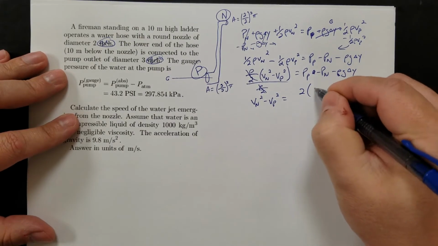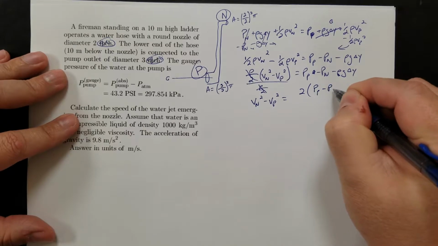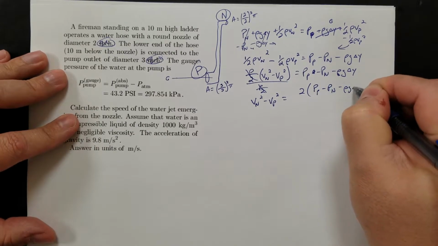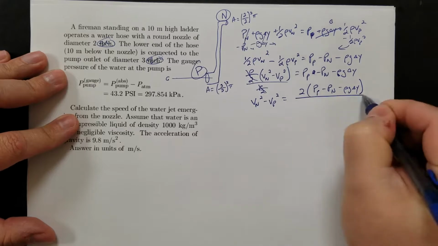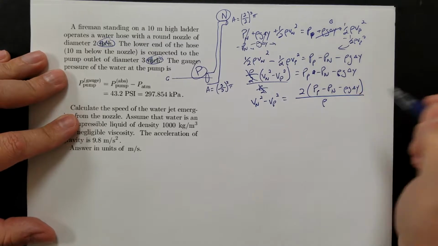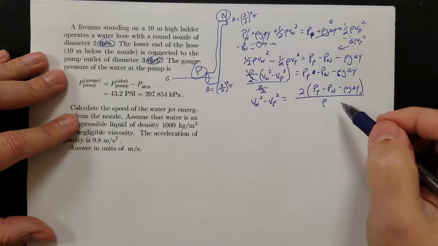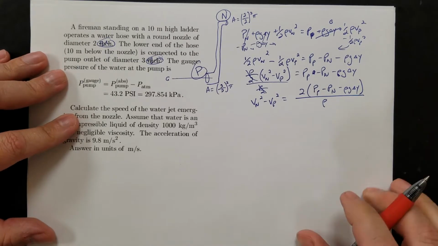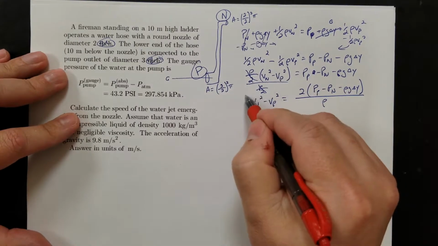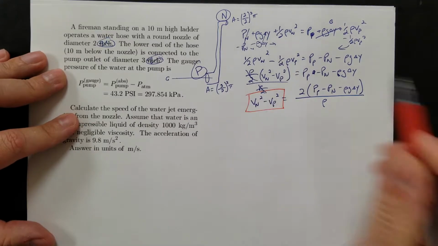So it's 2 times pressure at the pump minus pressure at the nozzle minus rho g delta y over density. That's the same thing. Okay, so I can do all of this, and I'm going to solve for Vn squared minus Vp squared.